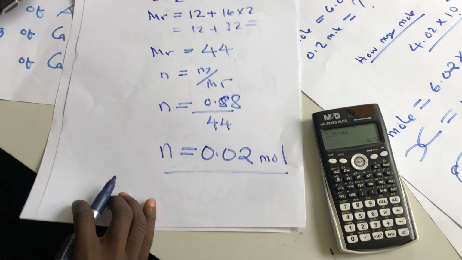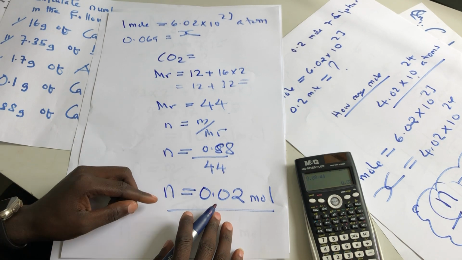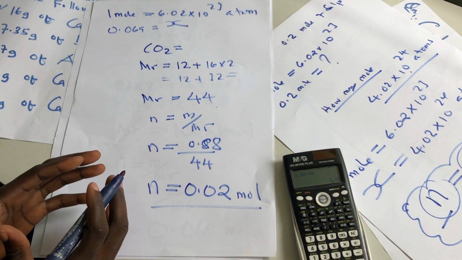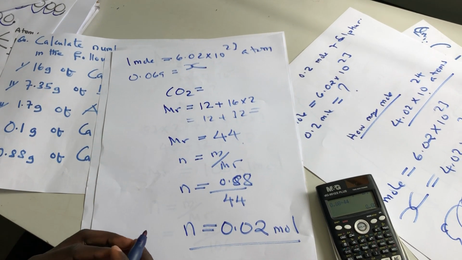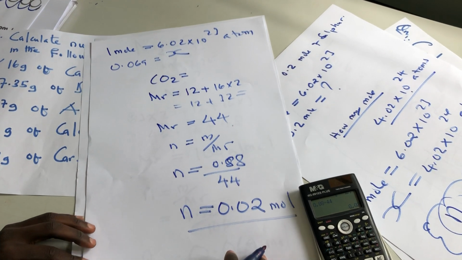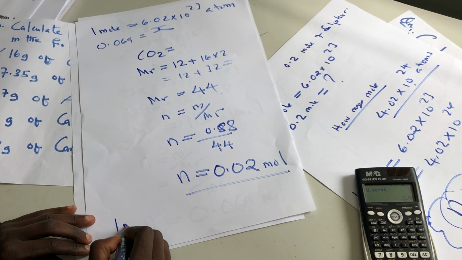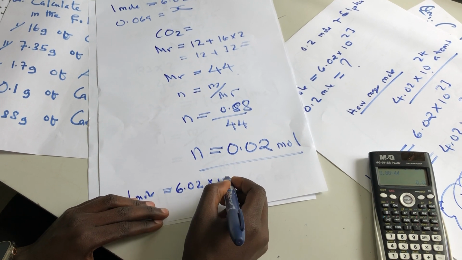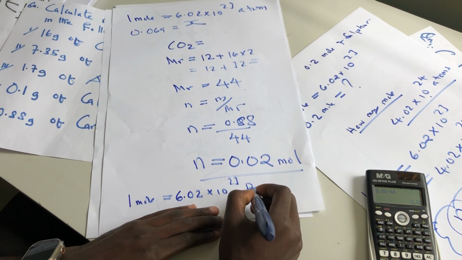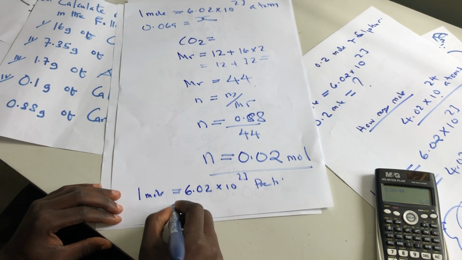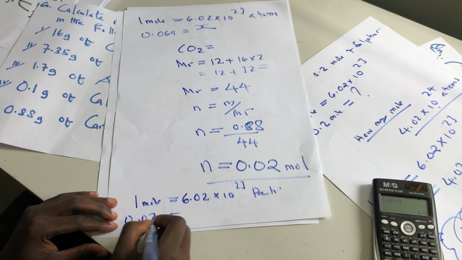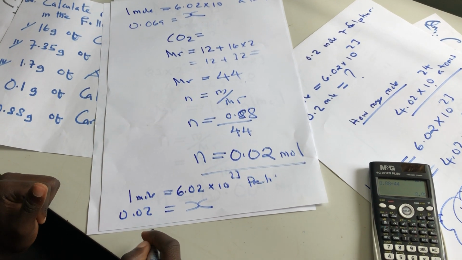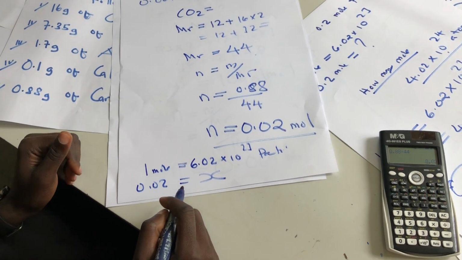So these are the moles of carbon dioxide found in the mass of 0.88. But sometimes they can ask you to find the number of particles found in carbon dioxide. I tell you 1 mole equals 6.02 times 10^23 particles. So how many particles are in 0.02 moles? You will work it out and then you will be able to get the number of particles.